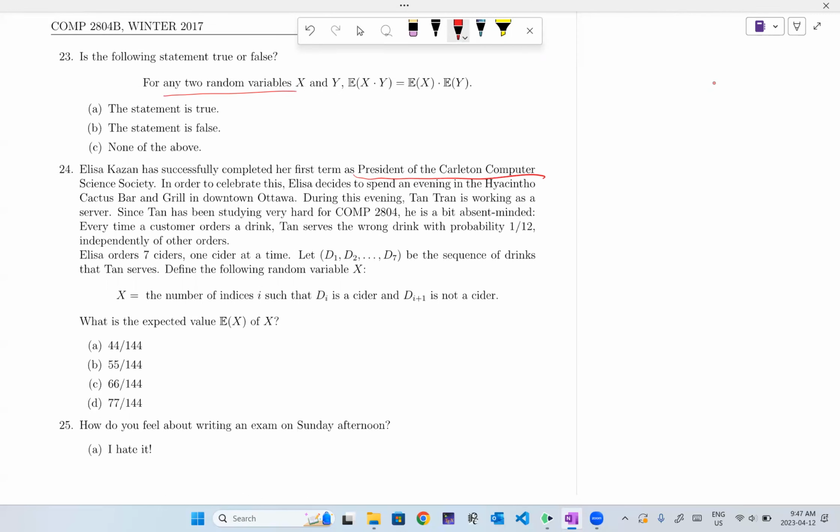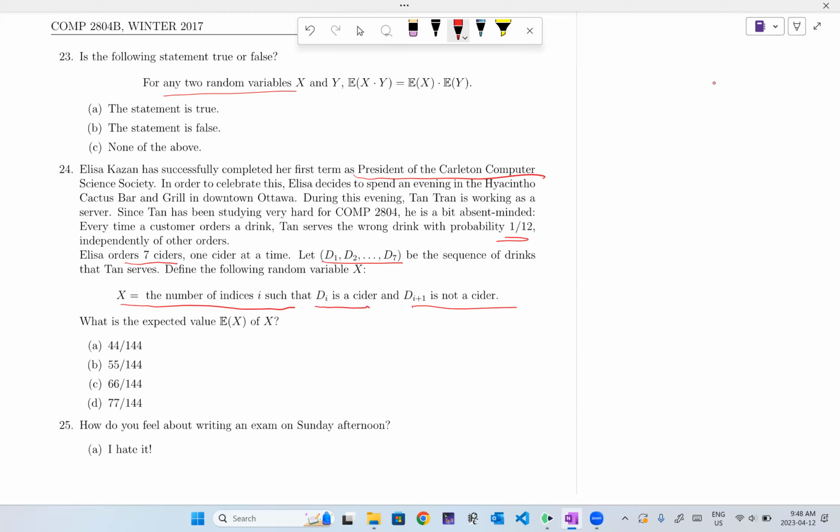Eliza is the president of the Carleton Computer Science Society. She goes and has some drinks. So she orders 7 ciders, 1 cider at a time, and the server serves the wrong drink with probability 1/12. So we want to count the number of times that Eliza gets a cider followed by not cider.